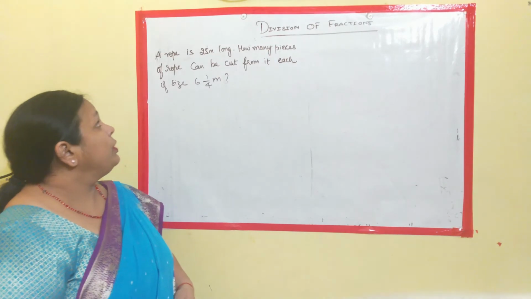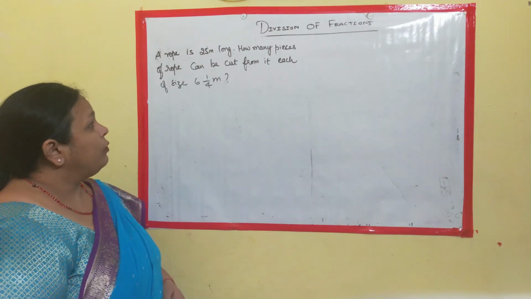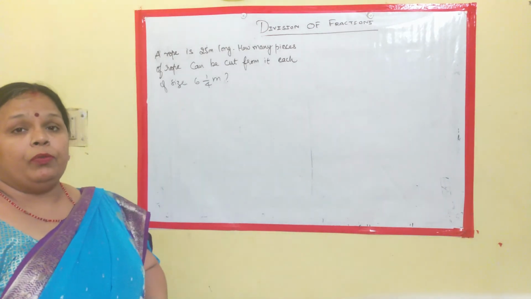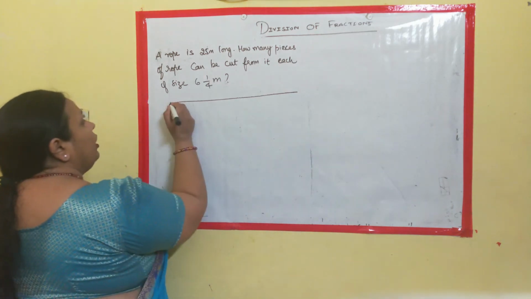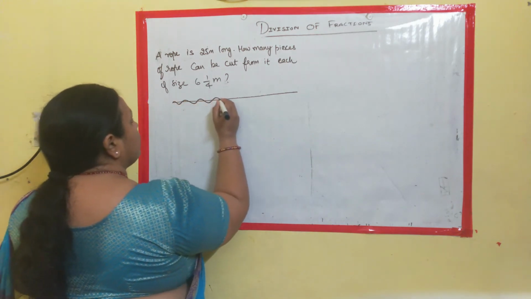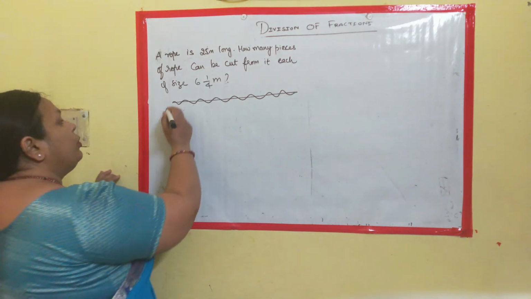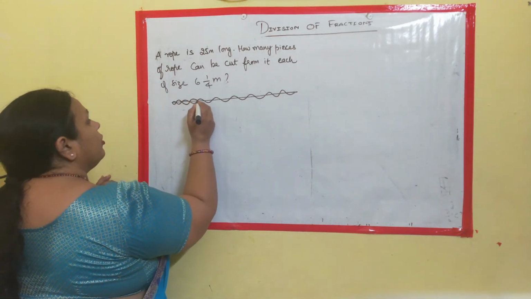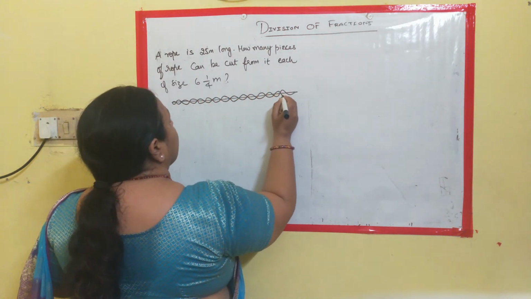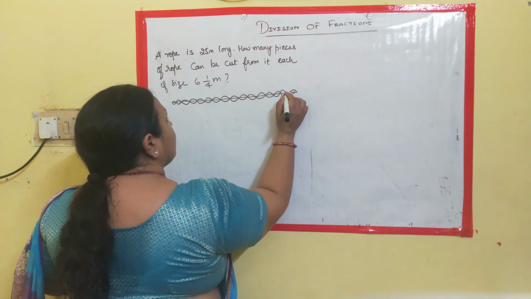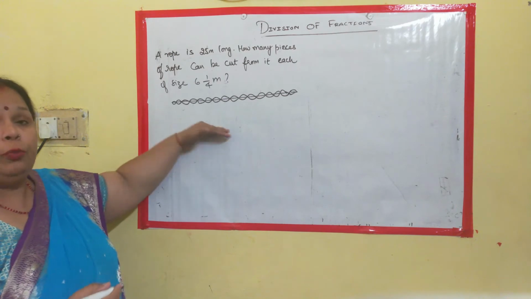Now the next example is: a rope is 25 meter long. How many pieces of rope can be cut from it of size 6 1 by 4? Clear? Now this is your entire rope. This rope is to be cut into pieces.